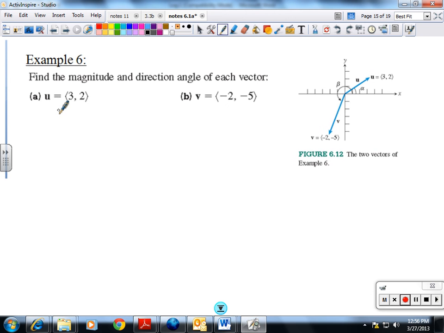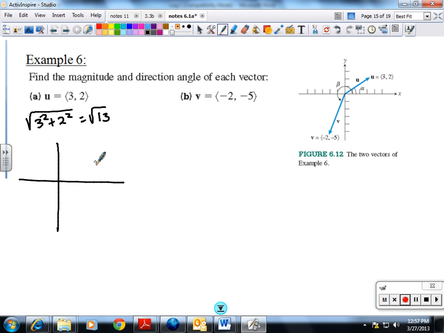It says find the magnitude and direction angle of each vector. Basically, to find the magnitude, it's just the square root of 3 squared plus 2 squared, which is 9 plus 4, the square root of 13. So that's the magnitude. Now the direction angle, you plot it like you would a point.